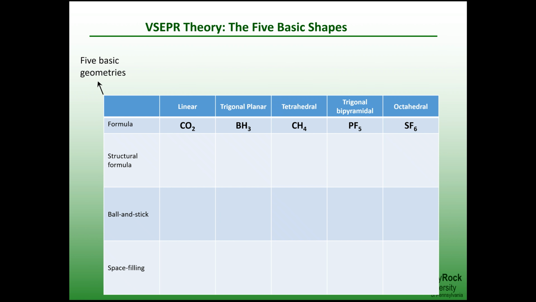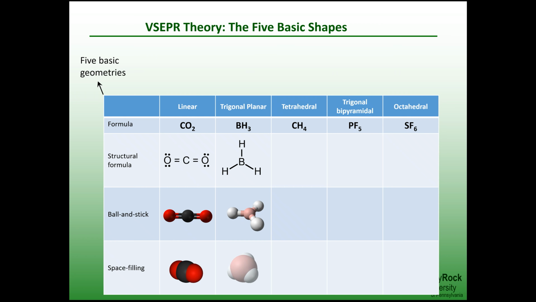For example, CO2 has 2 electron groups around the central carbon atom, giving it a linear geometry with a bond angle of 180 degrees. BH3 has 3 electron groups and adopts a trigonal planar geometry with 120-degree bond angles.